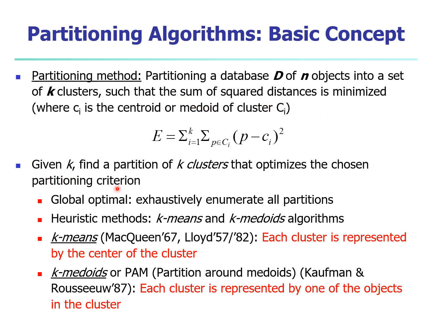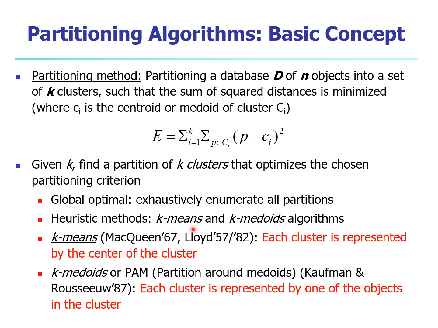Now, given K, find a partition of K clusters that optimizes the chosen partitioning criterion, where K represents the number of clusters that we want to have. And we want this to be globally optimal, meaning that it is a solution for all objects. It includes all objects.